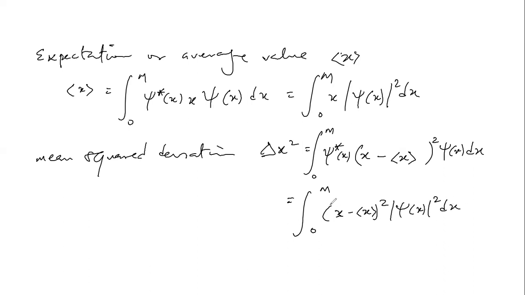And technically, this gives the measure of the spread of the probability distribution around the average value. And now we know that the uncertainty is given as delta x, which is the square root of the mean squared deviation, okay?